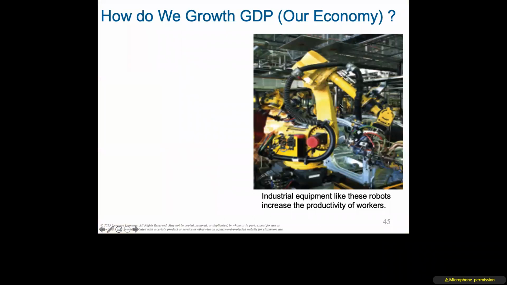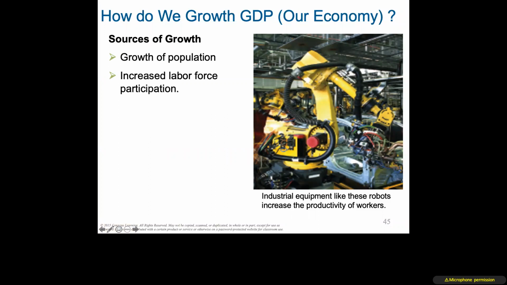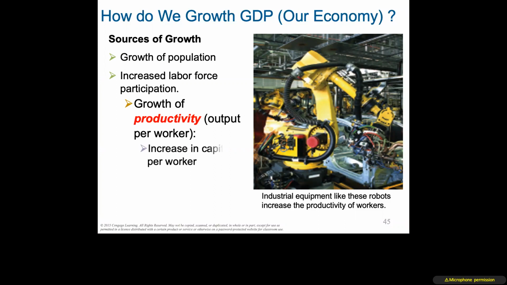So how do we grow it? Well, growth of population is an issue because remember, GDP per capita, you do need enough workers, but you don't want too many workers. Increasing our participation, growth in productivity, how much output per worker. So how many units each worker can produce helps what?